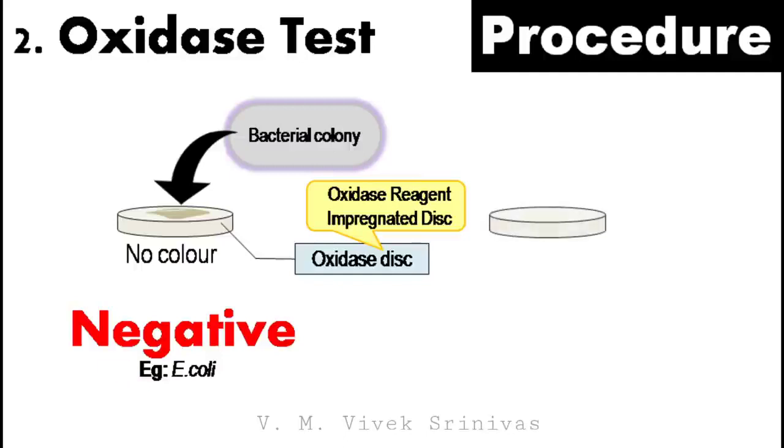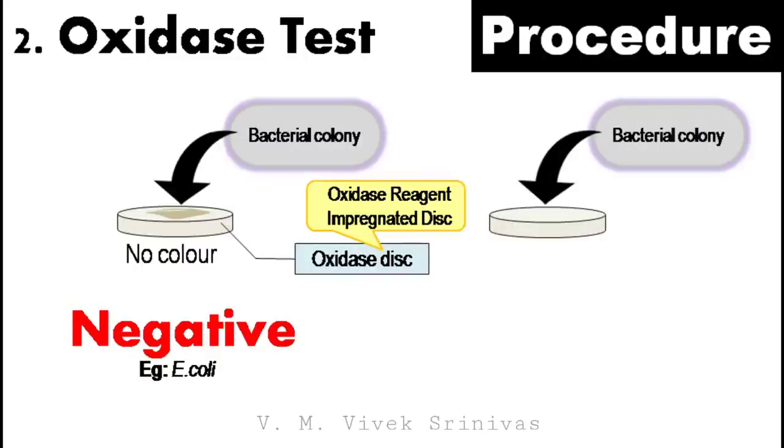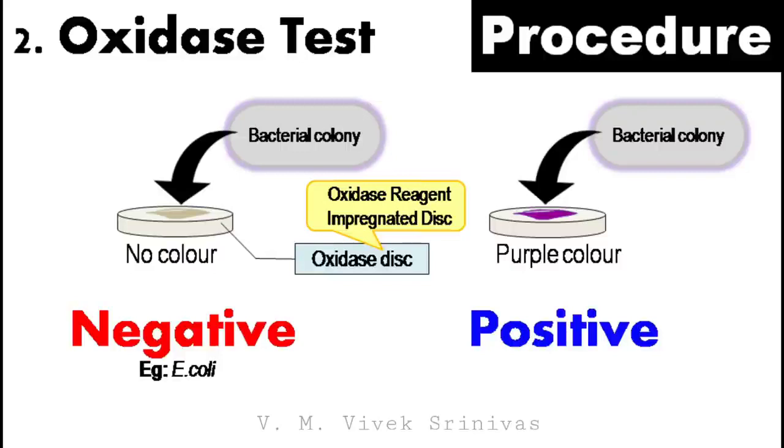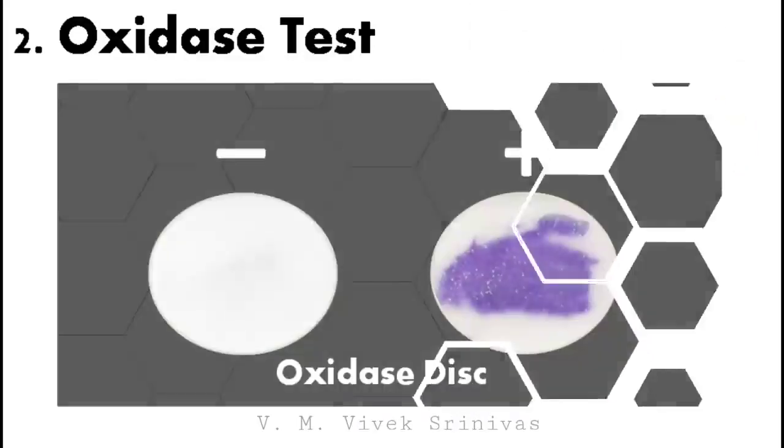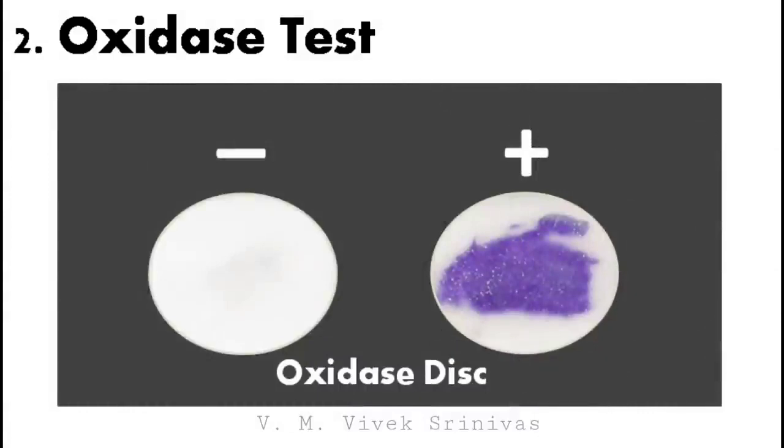In contrast, if addition of the bacterial colony over the oxidase disc produces a purple color, the test is positive. For example, the Pseudomonas bacterial organism is positive for the oxidase test. This is the procedure for the oxidase test. This is the photograph showing the positive and the negative test results of the oxidase test.